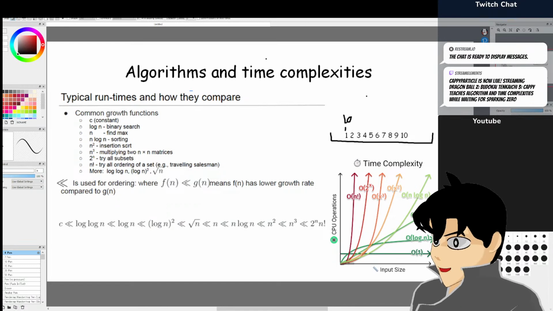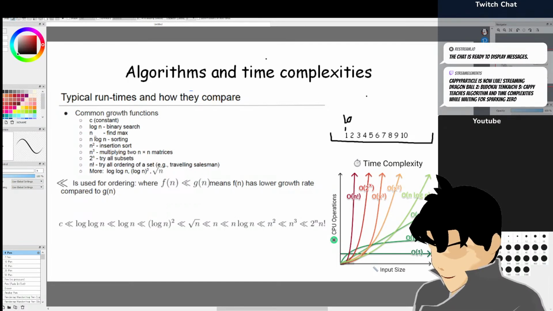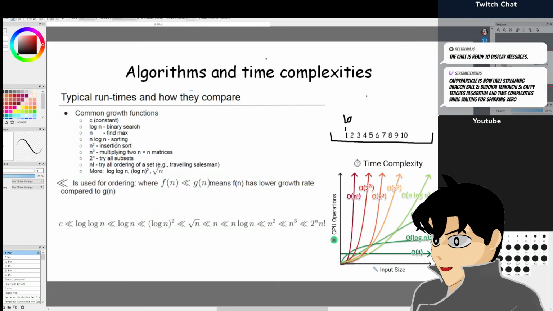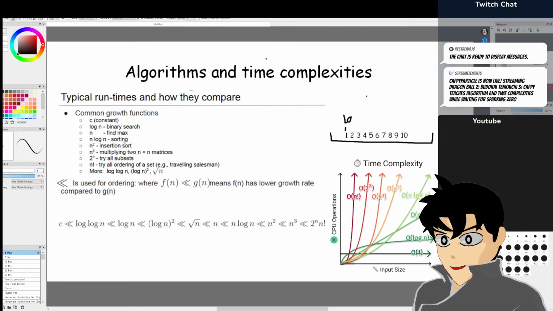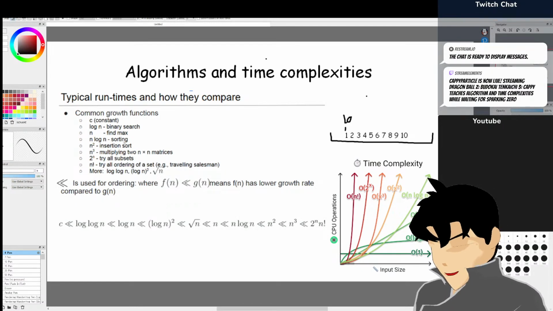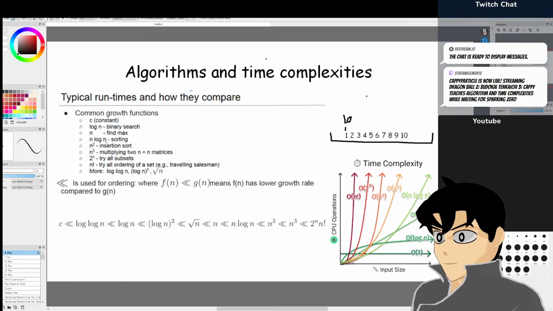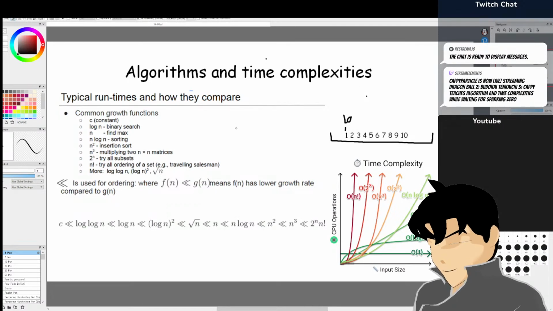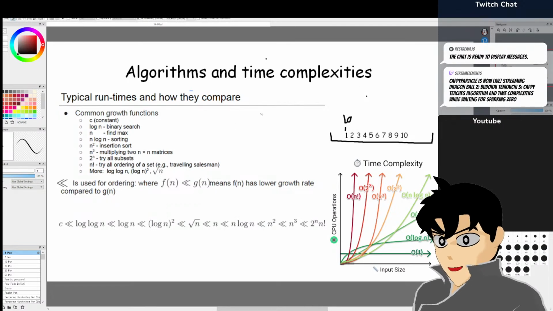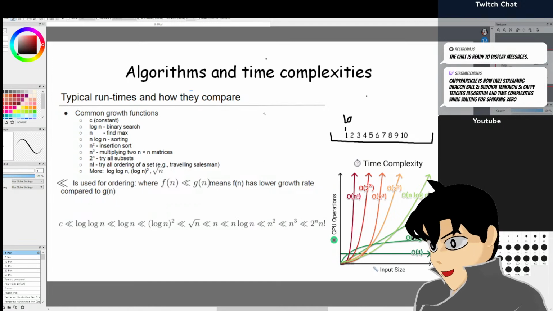And log n comes from sorting. Let me try and explain how it is. It says sorting because typically the most efficient sorting algorithm is n log n.